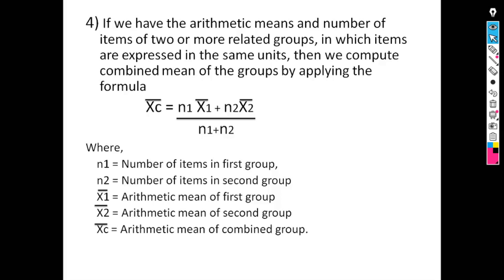The last and most important property is arithmetic mean for combined groups.